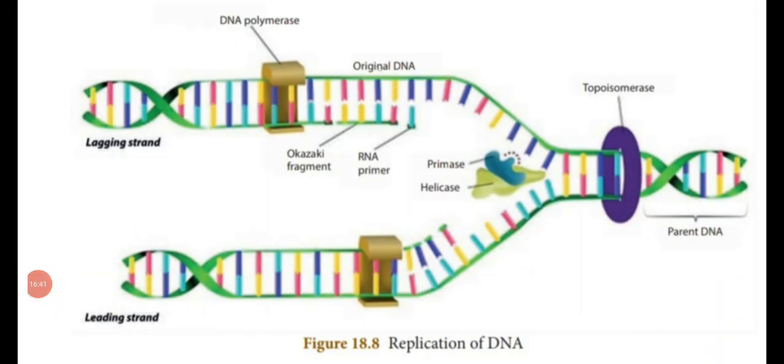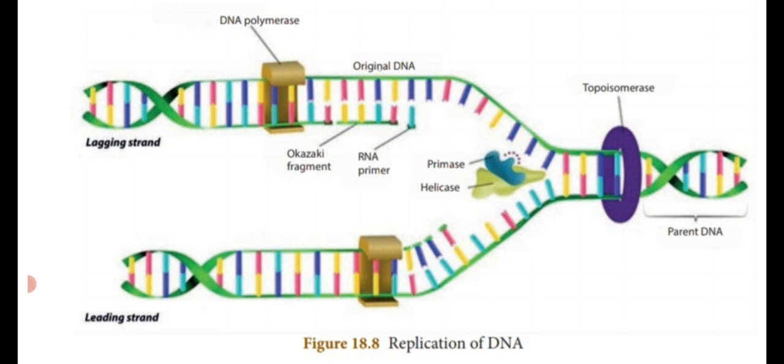Dear students, see the diagram. This is the replication of DNA. This is the double-stranded DNA helix, which is separated into 2 strands. Whenever it is separated with the help of the helicase enzyme, the opposite side, which is coiled tightly, is uncoiled with the help of the enzyme known as topoisomerase. On the left side, see the enzyme helicase, which separates the 2 strands.